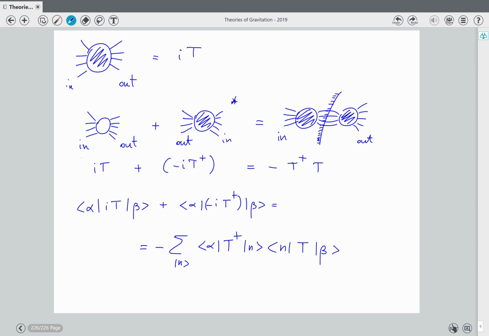So you can always restrict your in and out states to whatever you want, but you cannot restrict what's inside there. That's the point. So any restriction you can choose for in and out will not restrict the completeness relation.